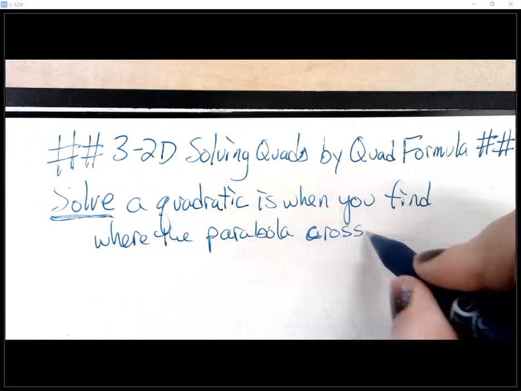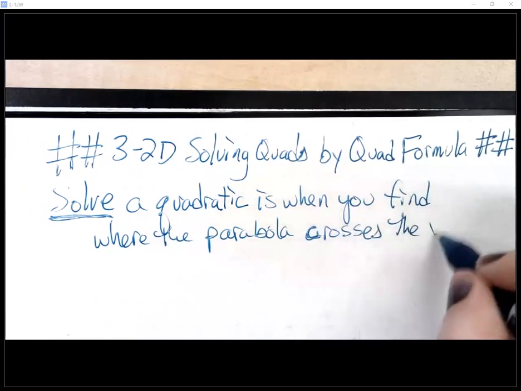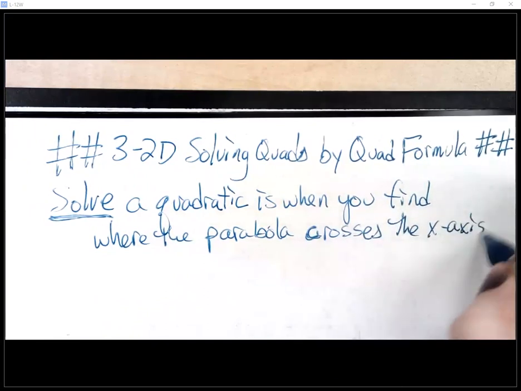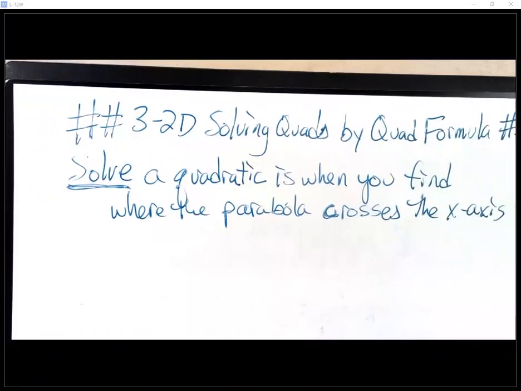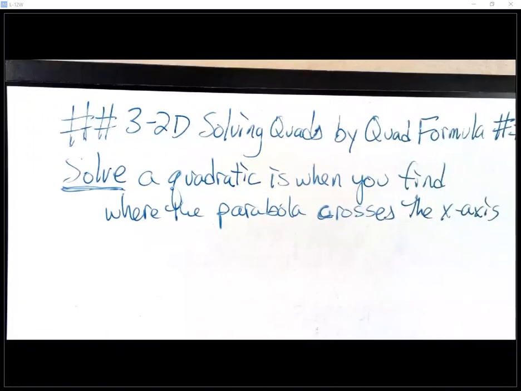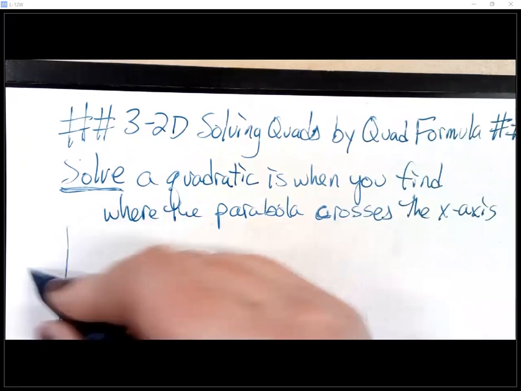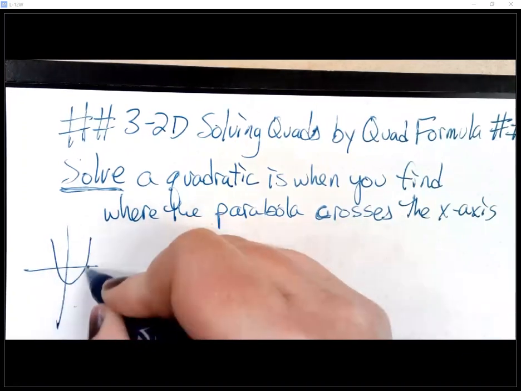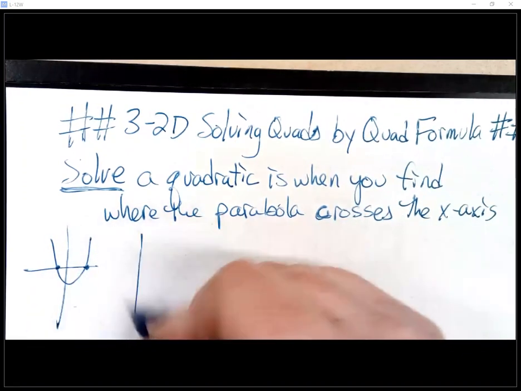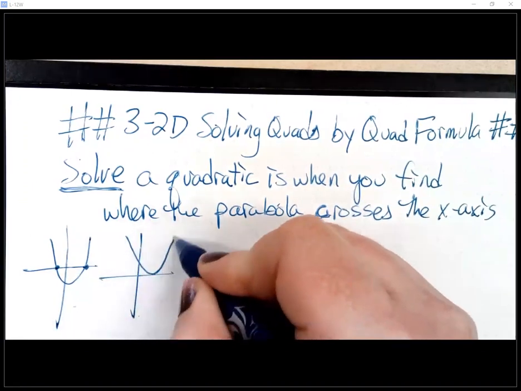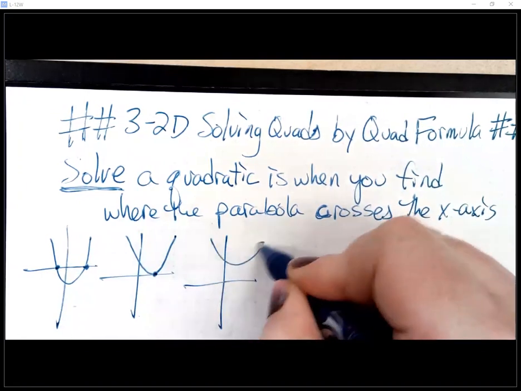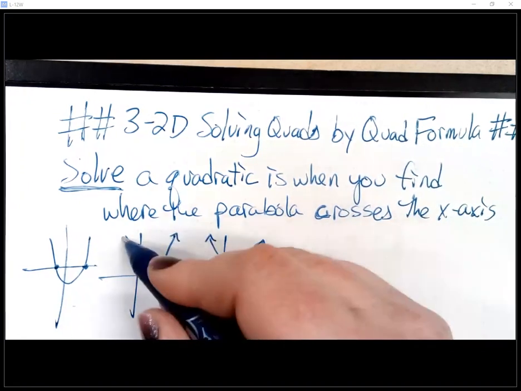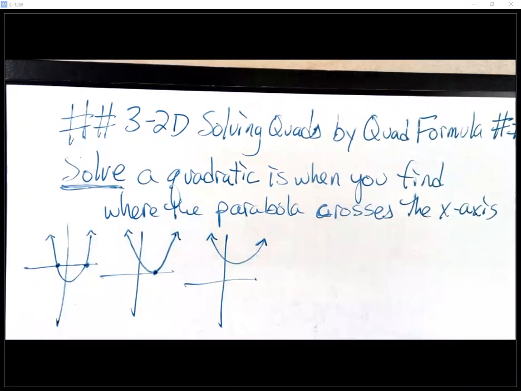If you read that whole thing that I wrote out for you on that Monday that I was out, I sort of went through all of this. You can either have two answers, or just one, but you get that answer twice, or it could not cross at all. So those are basically your three different scenarios. Obviously, the parabolas could look all sorts of different ways, but that's the gist.